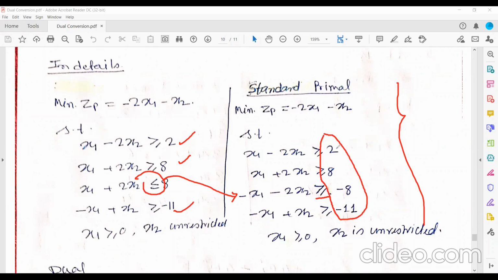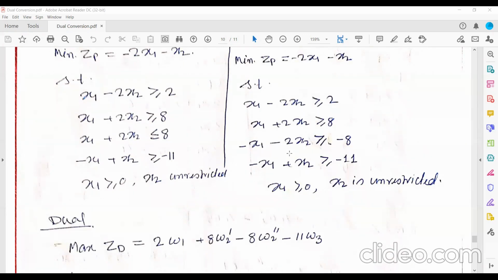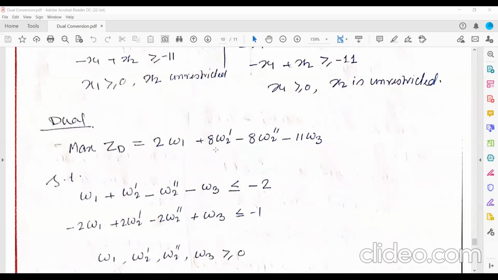So 2w1, and from the second constraint, which is an equality, you consider 8w2 dash minus 8w2 double dash, plus minus 11w3. So like this we need to write here. 2w1 plus 8w2 dash minus 8w2 double dash minus 11w3.